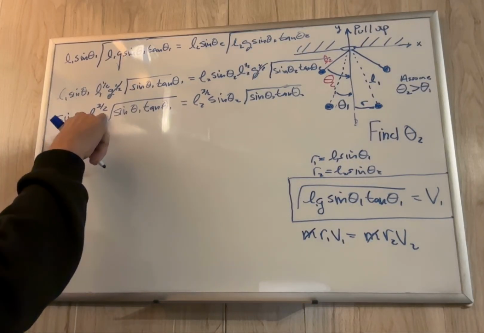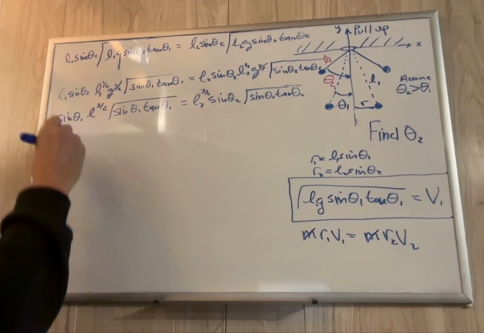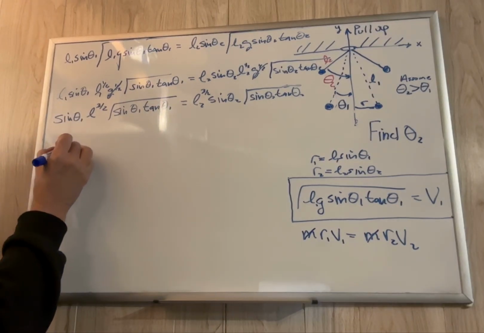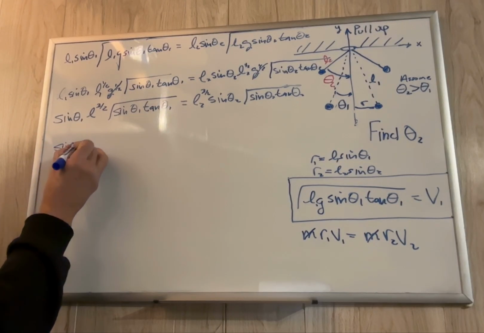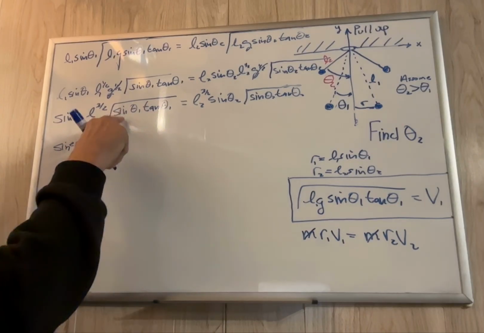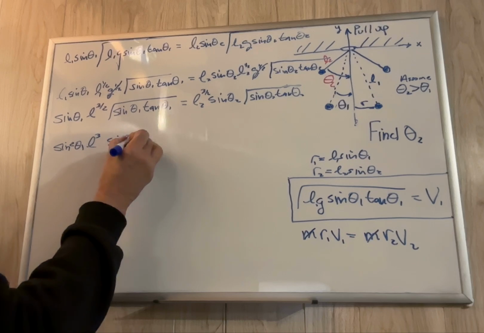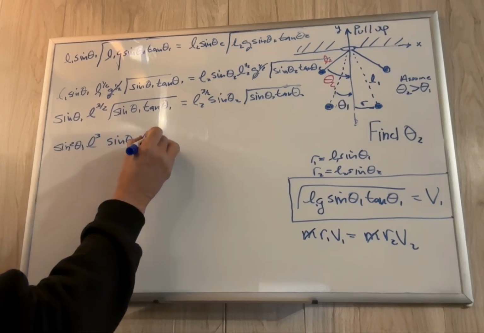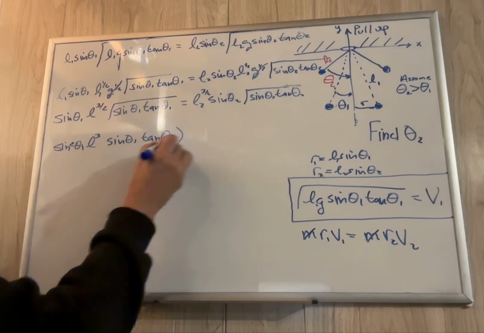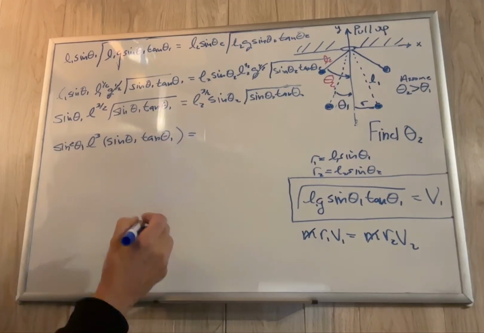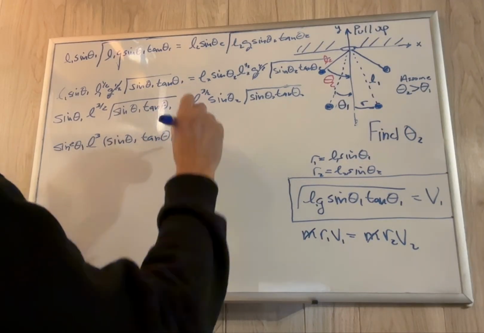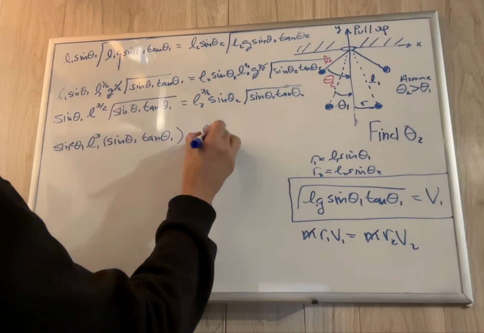L squared. If you square this, it would be L cubed. So you would have sine squared theta 1 L cubed. This thing goes away, so we're going to have sine theta 1 times tangent theta 1, right? It's going to be equal to, how? L, we're going to square this side, so this would be L1, this would be L2.